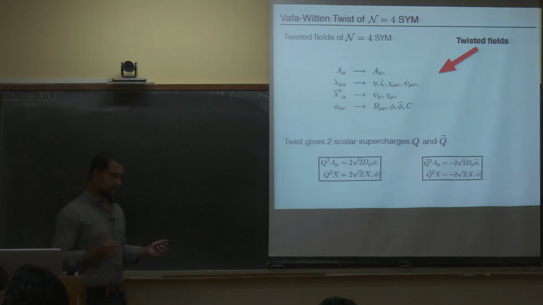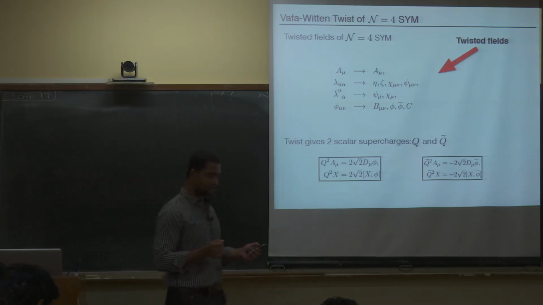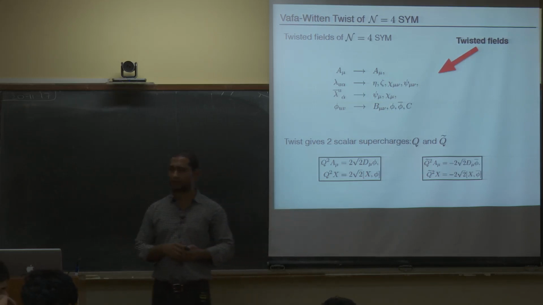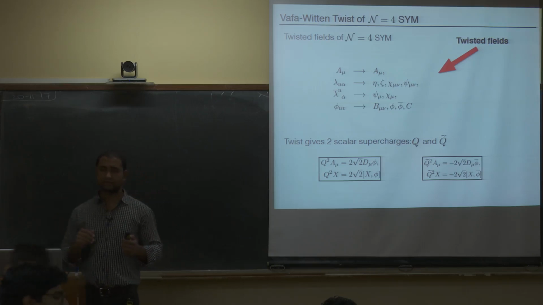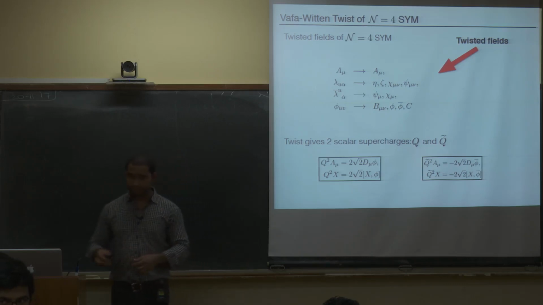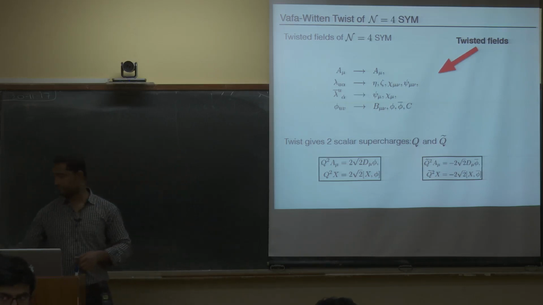So the twisted theory is an exotic realization of this global symmetry group on a flat R4. There is a dictionary between the observables of the twisted theory and the untwisted theory.